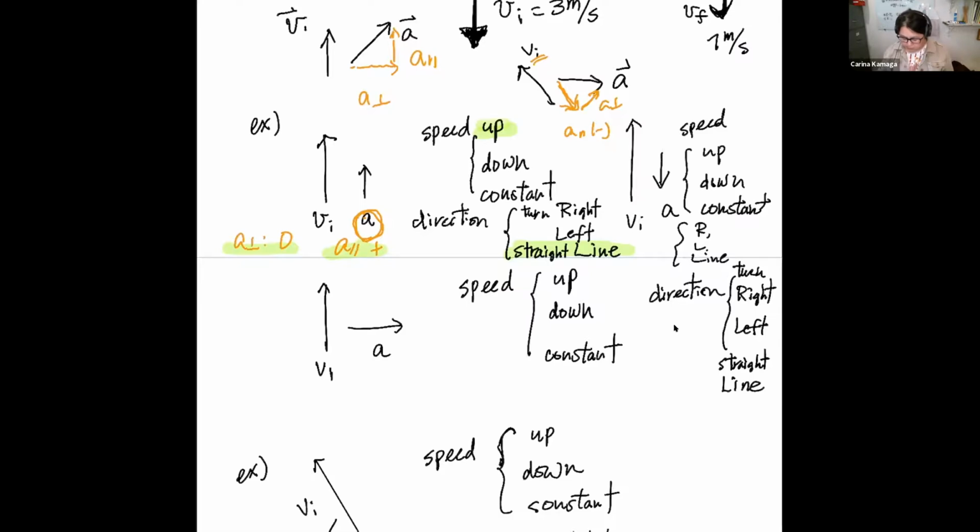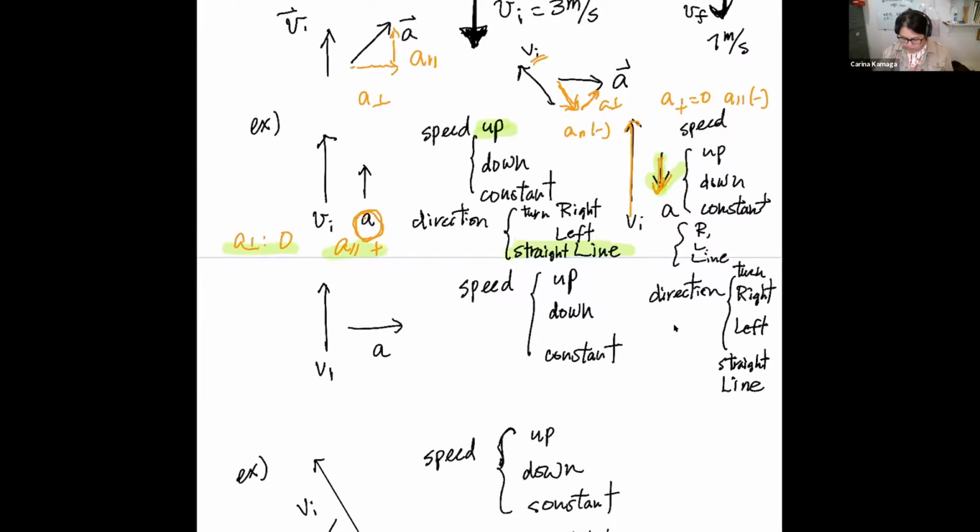Let's look at this case. A perpendicular is 0, right? There's no perpendicular component, but A parallel is negative. It's pointing in the opposite direction to the velocity.